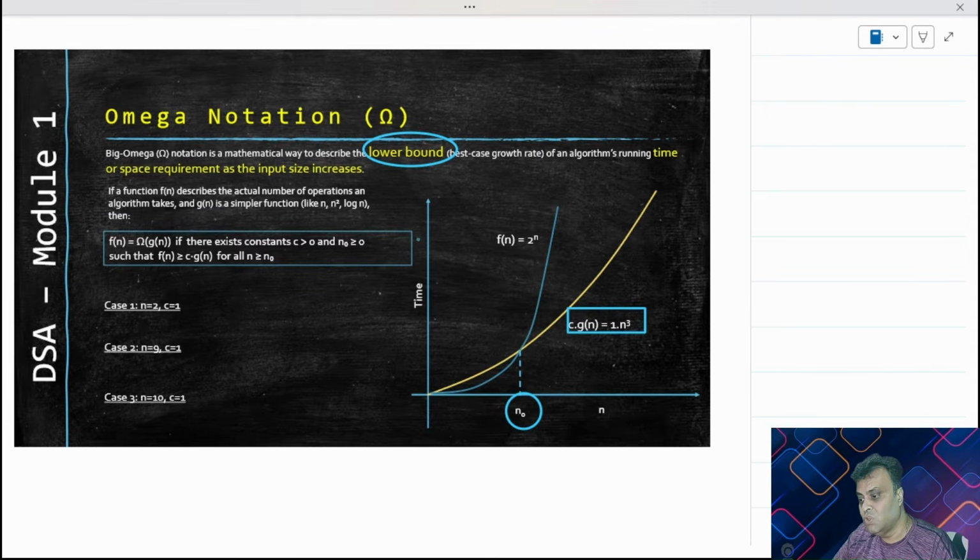So it will become the lower bound of that particular function for a particular value of n. Again, we will assume that this is a complex function which doesn't match any of the complexity classes. Hence, we have to tell the world that we have defined an algorithm. How do we tell the world the complexity of the algorithm? We'll say we don't know the complexity, but we know that the lower bound is going to be omega of this.